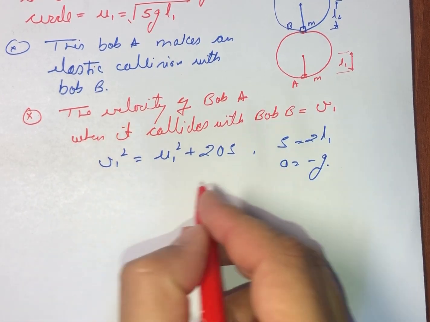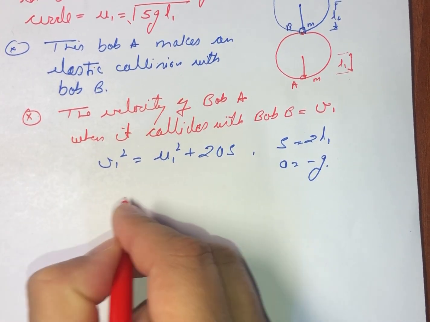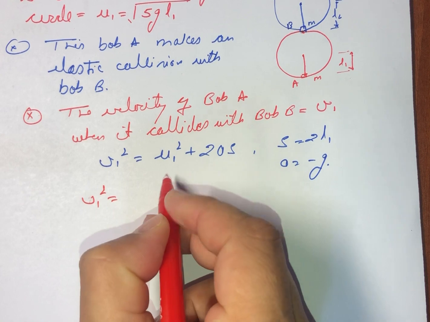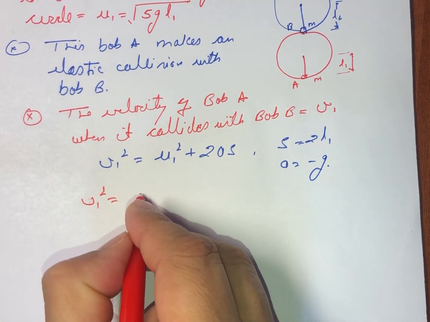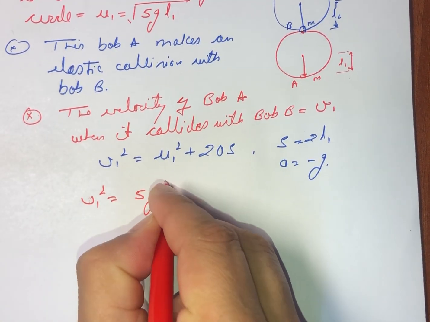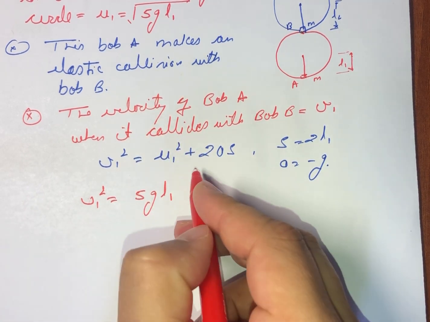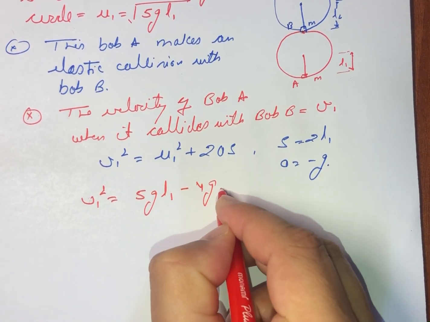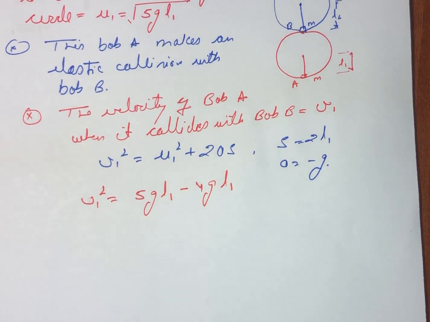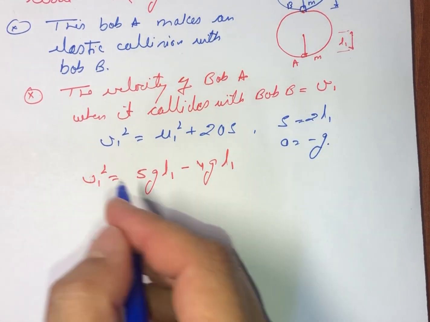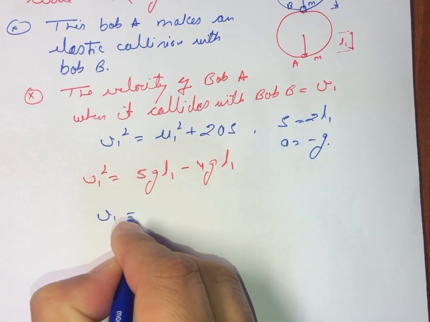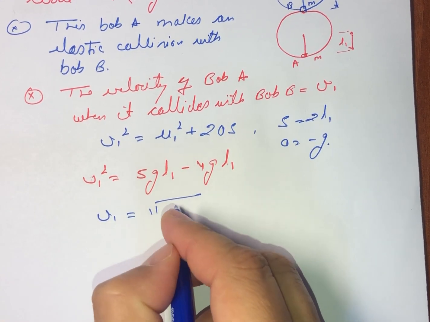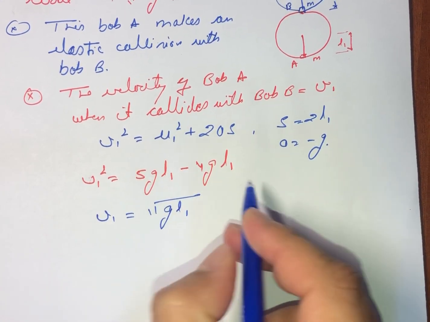So from here we find that v1 squared is equal to u1 squared, which we already know is 5gL1, minus 4gL1. So we can say that v1 will be equal to the square root of gL1.